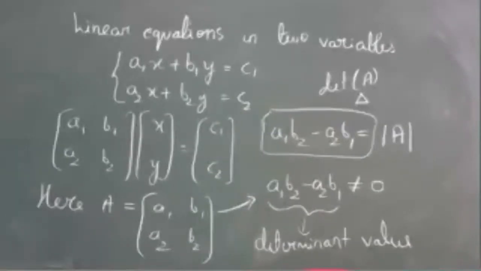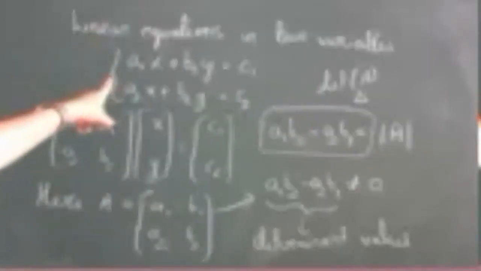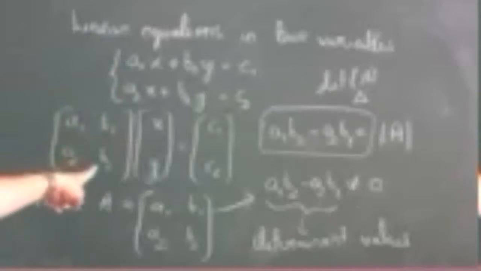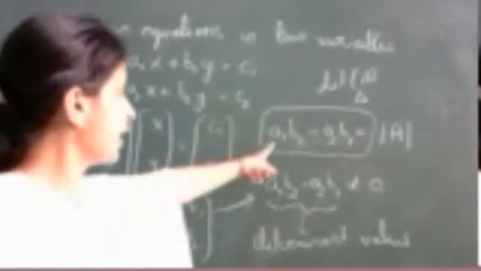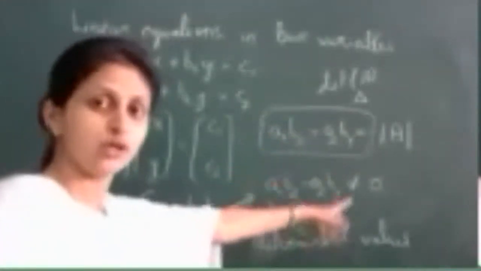So like this we will understand what type of solution the system of linear equations possesses, students. You saw we represented the system of linear equations in the form of a matrix. Here we got the matrix A, and if you are able to find A1 B2 minus A2 B1, and if it is not equal to 0, then the solution will be unique.